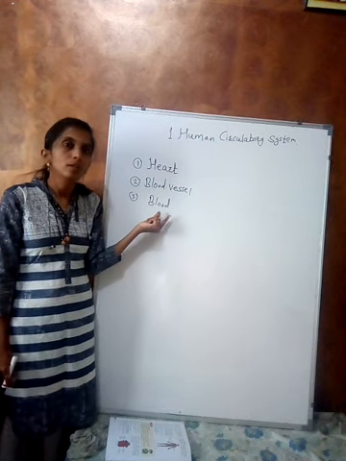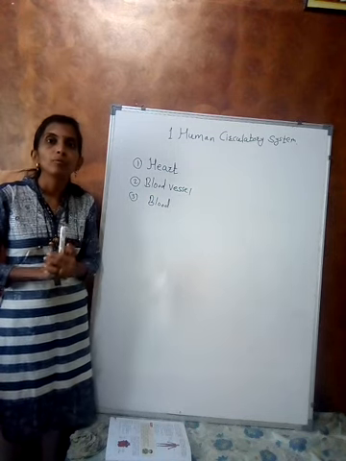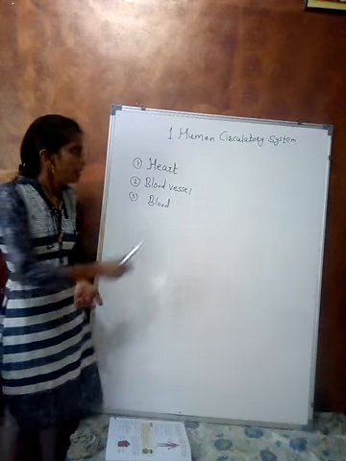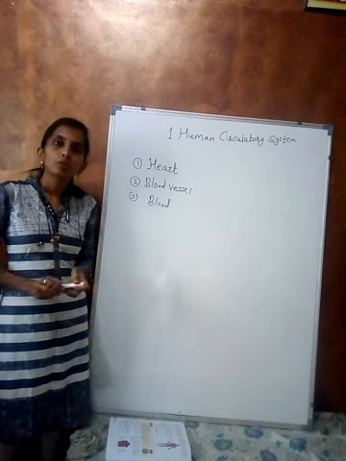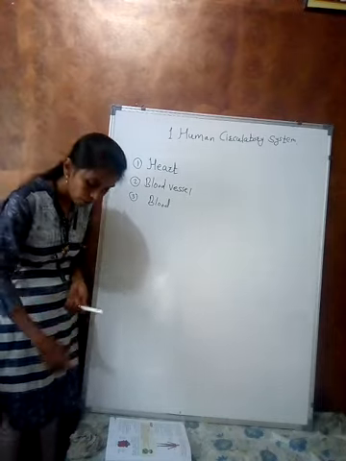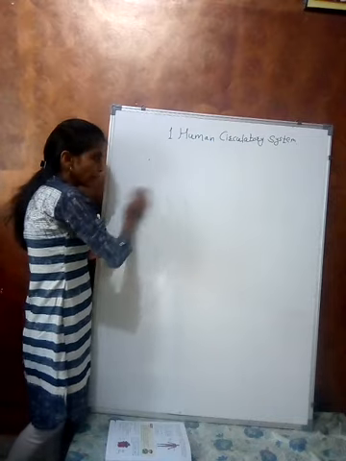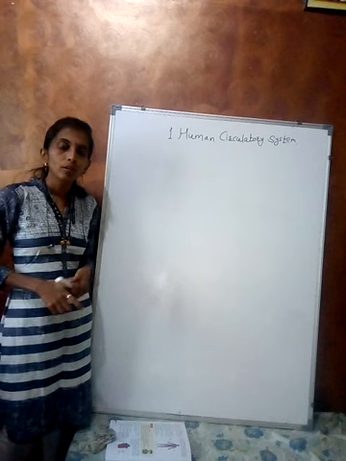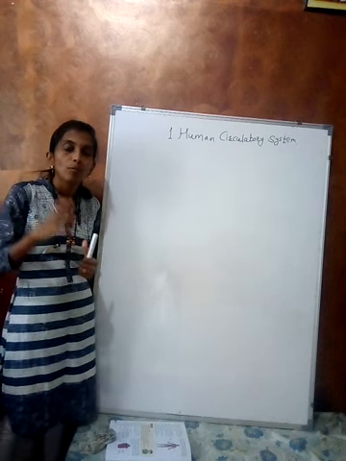So first of all you must know what the main function of the circulatory system is. All will be studied one by one after it, but first you must know the function of the circulatory system. You know that the heart is an important organ in our body. What is its function?